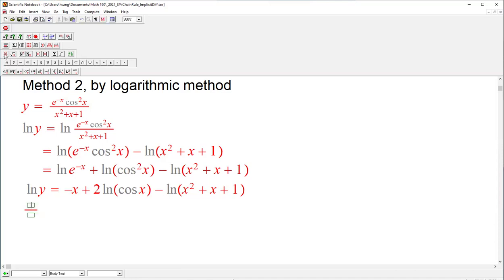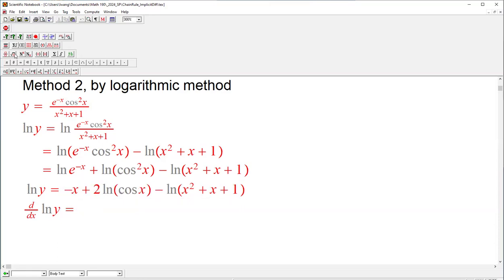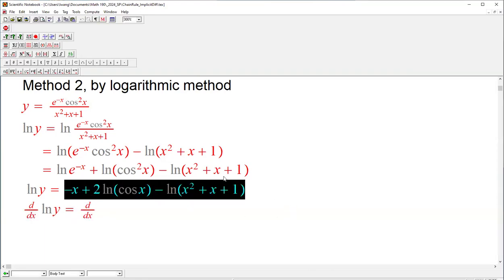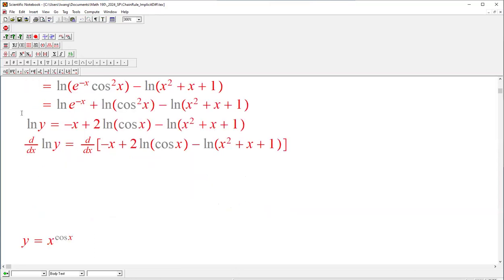So next, from this point on, we take a derivative. So the derivative of ln y equals the derivative of the whole of it. I'm going to put all of it in the bracket so you can do one at a time. You can also skip this step and directly take the derivative.